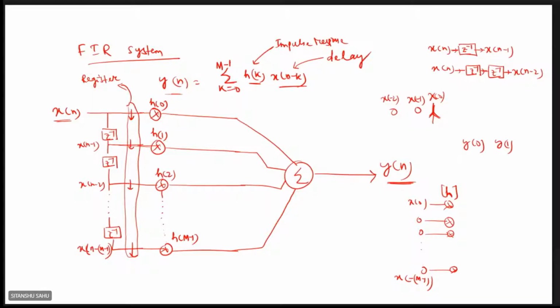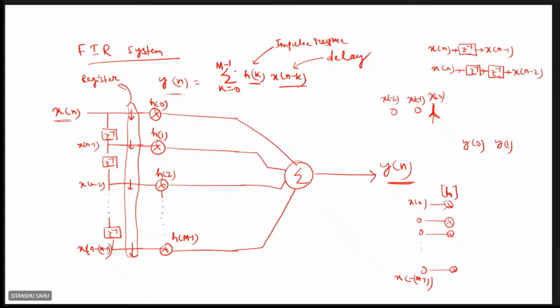So if we put 1 over here, this will be 1 minus k, with k going from 0 to m minus 1. So it will be h of 0 into x of 1, then h of 1 into x of 1 minus 1, so it will be x of 0. Are you getting or not?